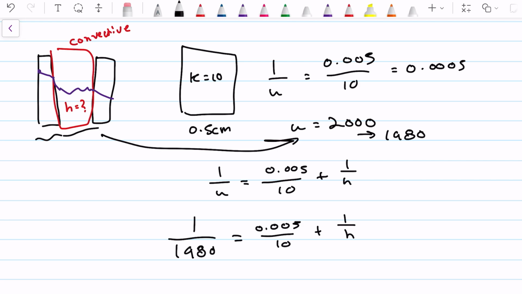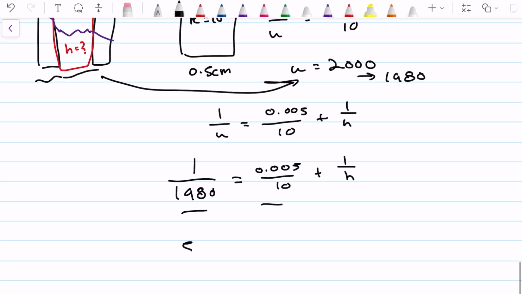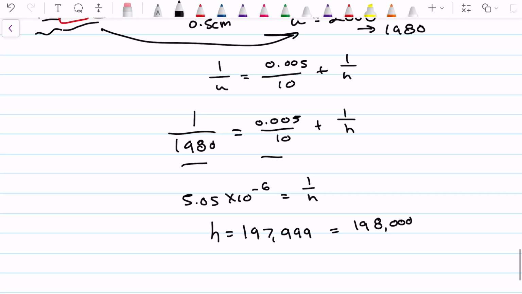So I'm going to do this value minus this value, which gets me this. If we take the reciprocal of that number, we get h is a colossal number. Is that right? This is basically 198,000 for our h.